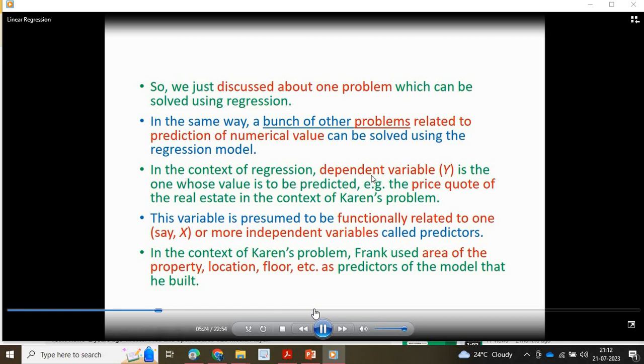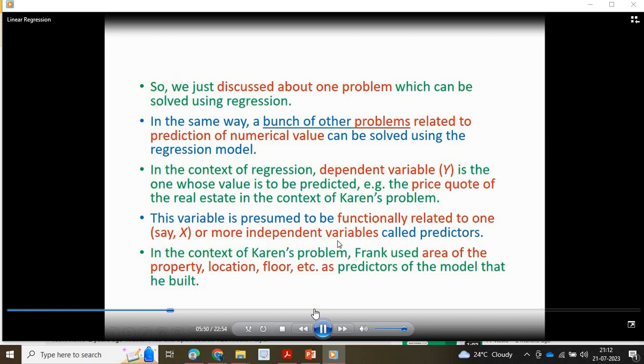In the context of regression, the dependent variable y is the one whose value is to be predicted. In this real estate problem, the price quote of the real estate is the dependent variable y, and this variable is presumed to be functionally related to one or more independent variables.